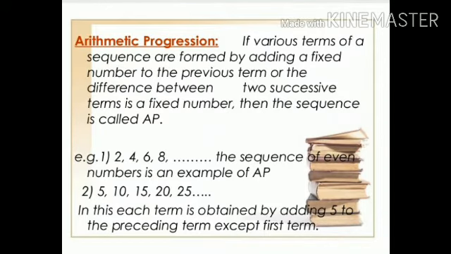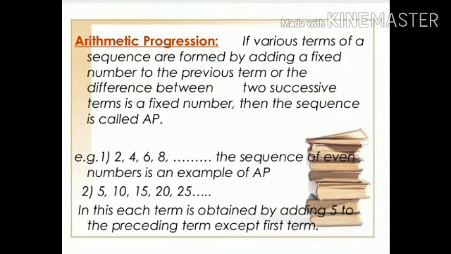Similarly, dear students, we consider the second example: 5, 10, 15, 20, 25 and so on. In this, each term is obtained by adding 5 to the preceding term, except the first term.